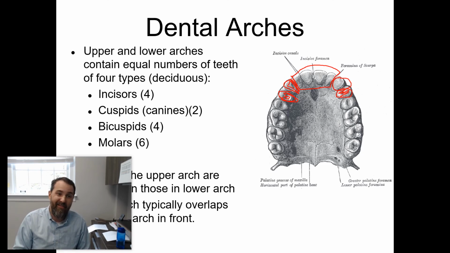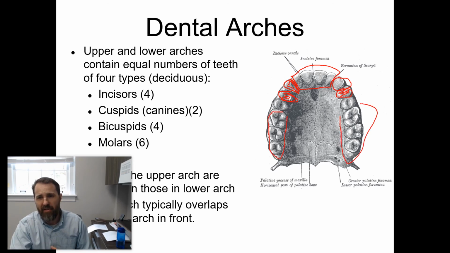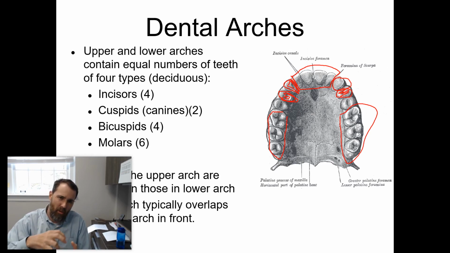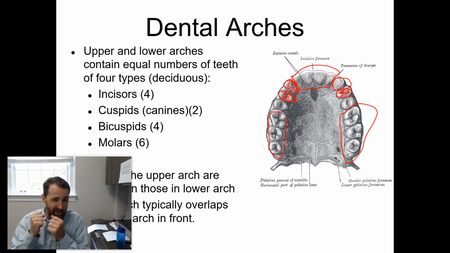But if I gave you like a raw steak and I said, here, take a bite out of this, you're probably not going to come at the steak with your teeth like this. You're going to come at it sideways, and you're really going to rip a piece of meat off of that steak. And the molars are there for mastication, for chewing your food. So your molars are the grinding teeth. So the incisors cut, the cuspids and the bicuspids are tearing, and your molars are your teeth that are responsible for grinding.